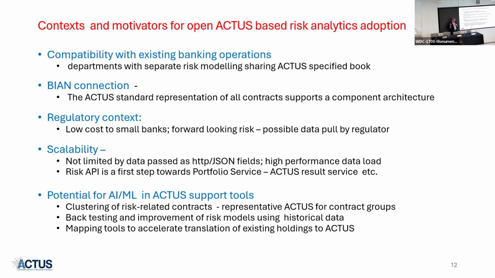The previous ACTUS version said you have to pass all of the market risk data that you're using in the simulation request. The interface we're proposing generalizes that and allows it, but opens up more efficient ways of moving large amounts of data. With this, it's also possible to move forward and start thinking about machine learning and AI techniques in a scalable solution using this external risk API.